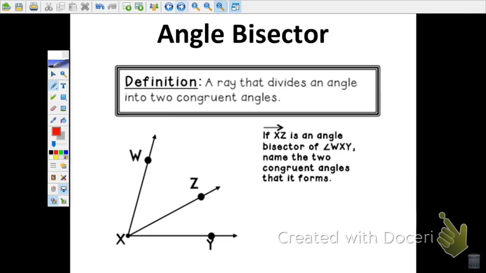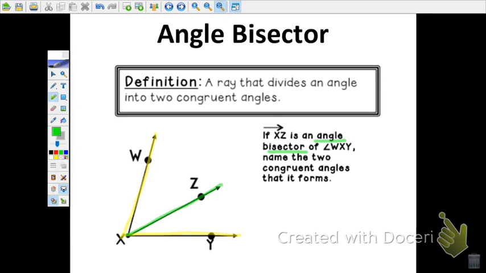So when I look at my example, I have this large angle WXY, and then I have this ray XZ, which they are calling the angle bisector of the large yellow angle WXY.